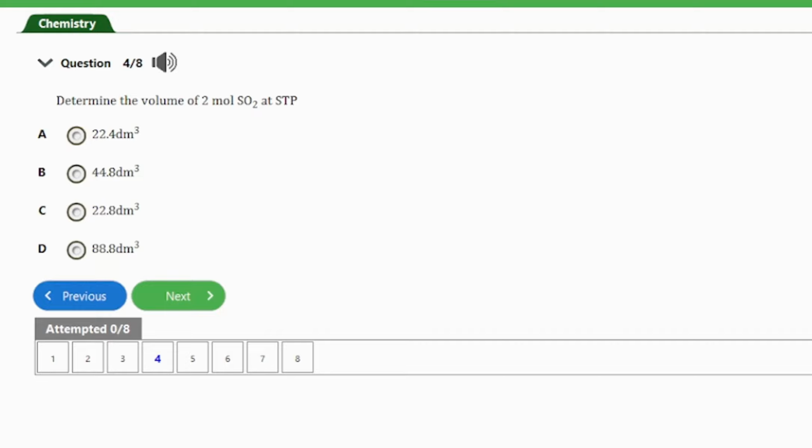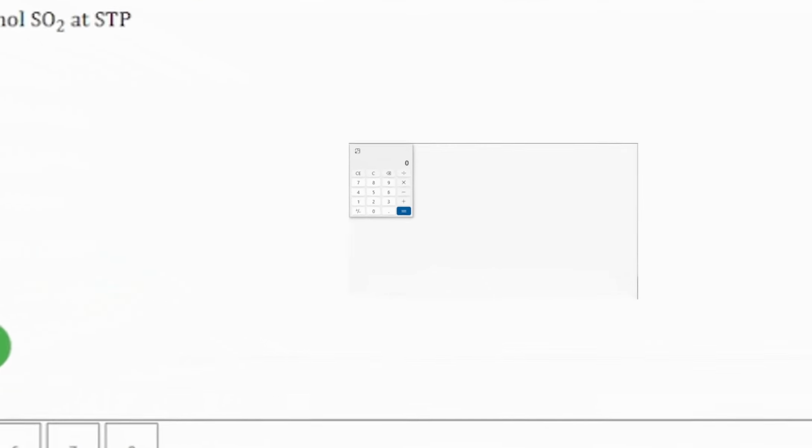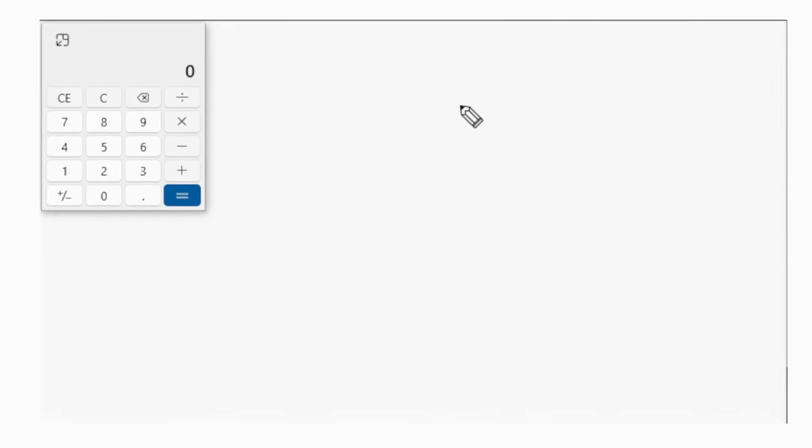So guys, let's zoom into our workspace here and sort this together. At standard temperature and pressure, we know that 1 mole of a substance is equal to 22.4 dm cube. So guys, we are asked to find the volume of 2 moles here.